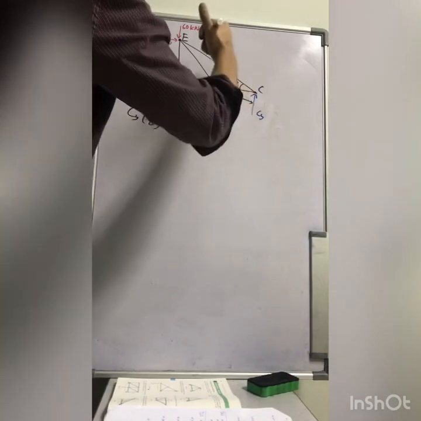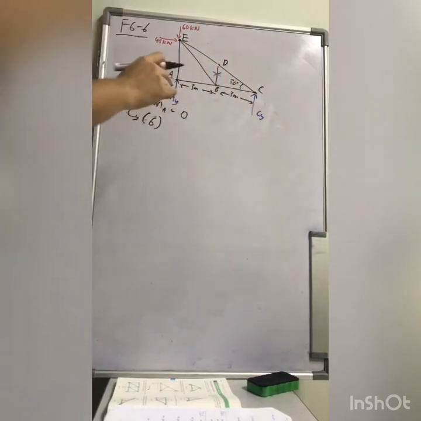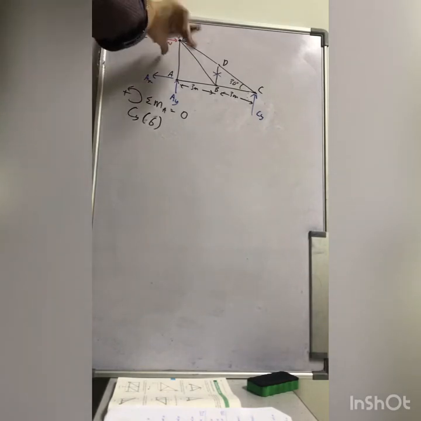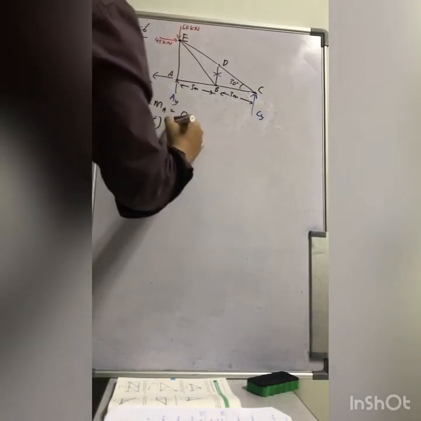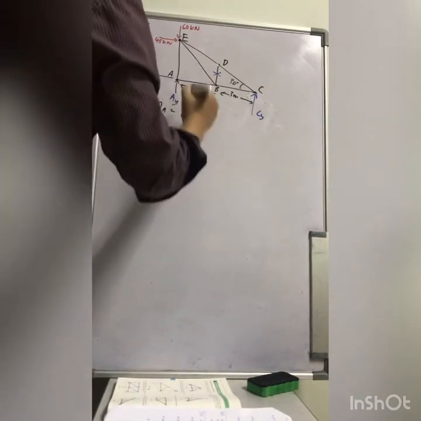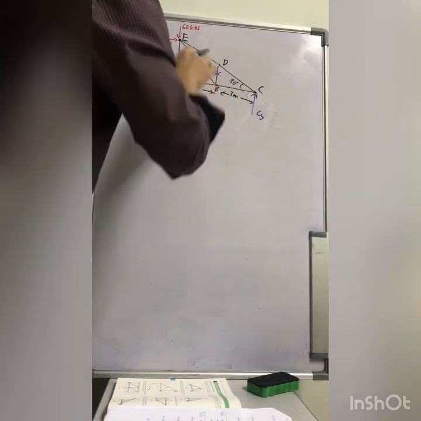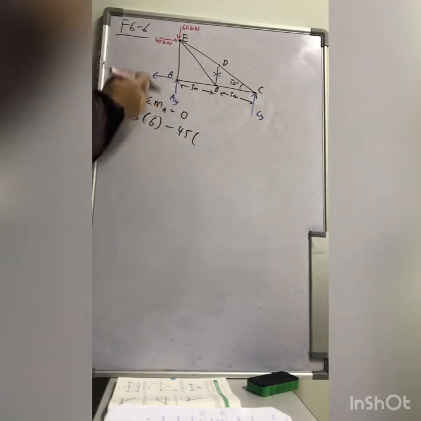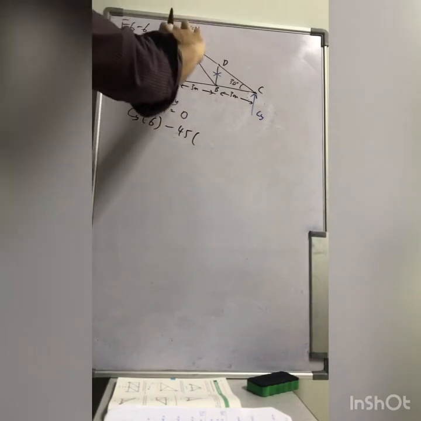Cy times 6. And you have the 45 kN moment, which is clockwise, so it is minus, because you assume counterclockwise is positive. 45 times the distance.